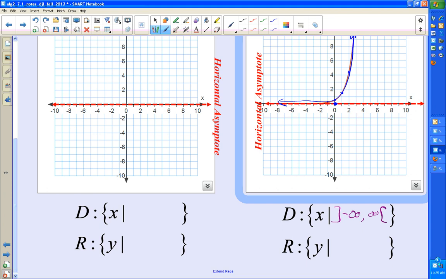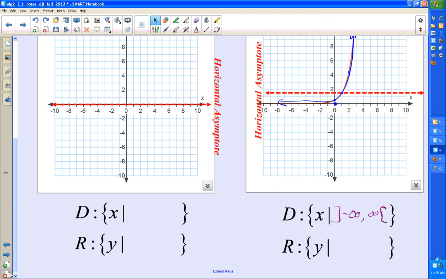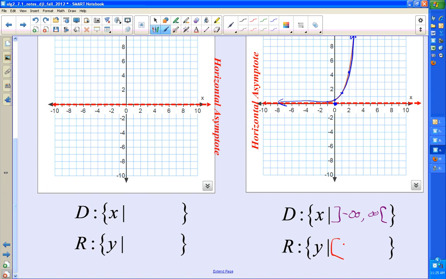Your y values are going to start at your horizontal asymptote and go up. Your horizontal asymptote here is at y equals 0, so it's going to start at 0 and go up. So for our purposes, it can't be equal to 0 because that's an asymptote, and we're going to go to positive infinity, so it's going to look like that.